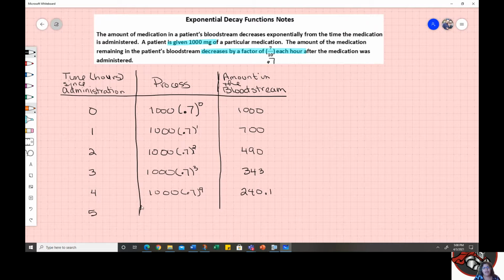And after 5 hours, 1,000 times 0.7 to the fifth power, we have 168.07 milligrams of medication left in the bloodstream.